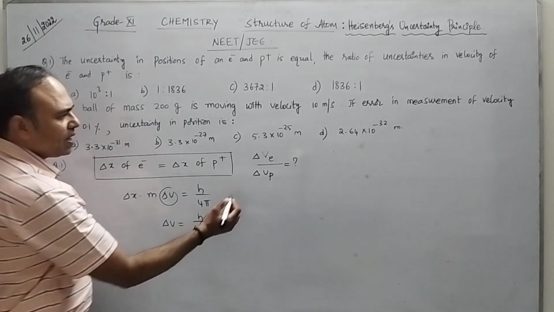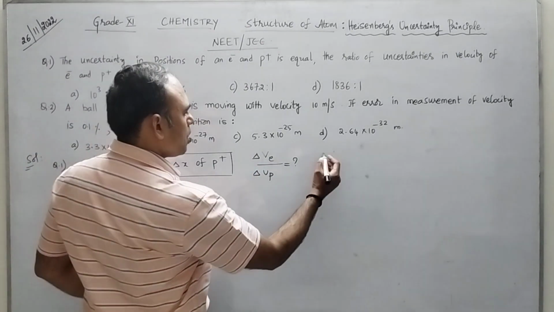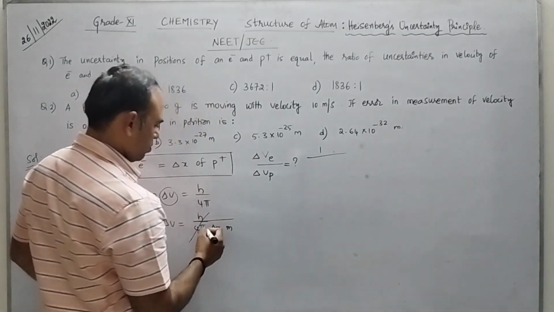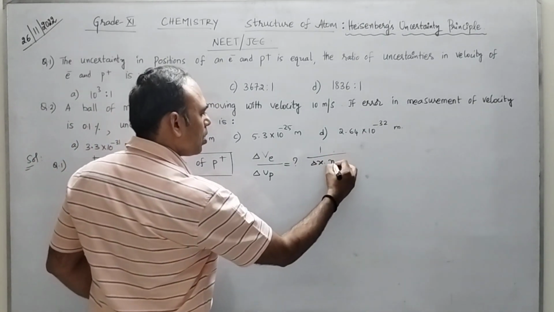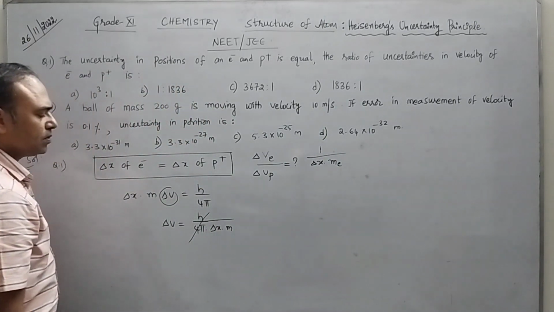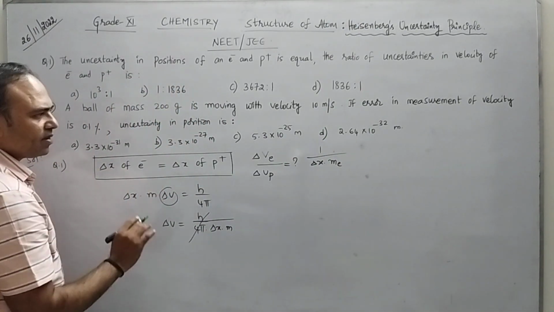What is the first one? Delta VE, we can take it as 1 by delta x into the mass of electron. Now they have mentioned both are equal, hence we can also cancel this.